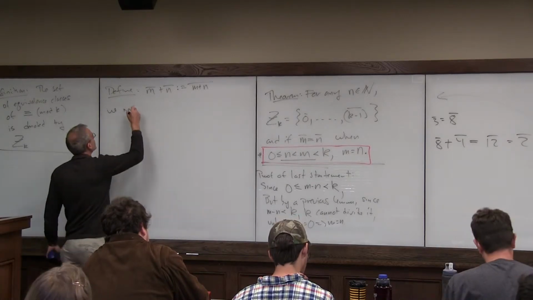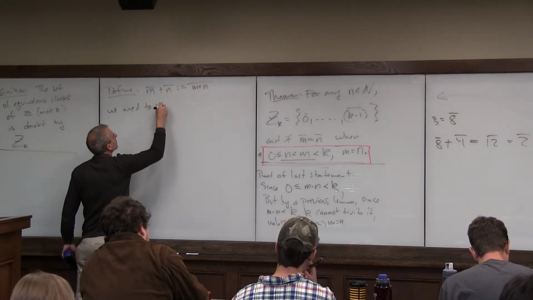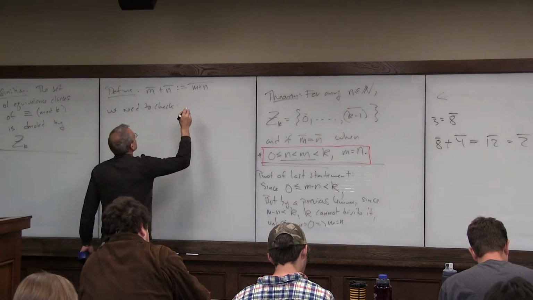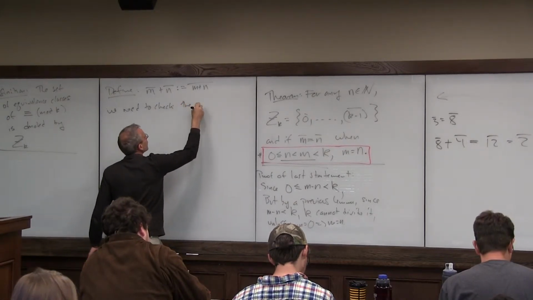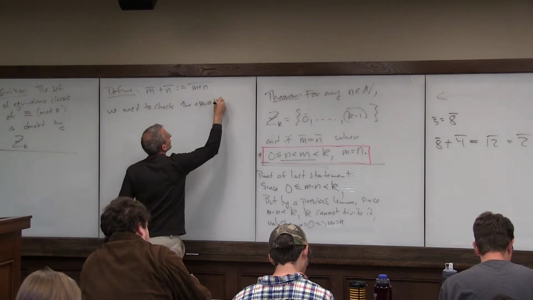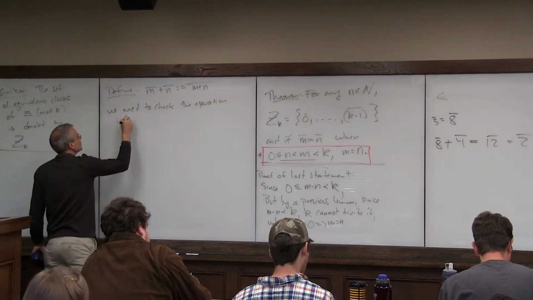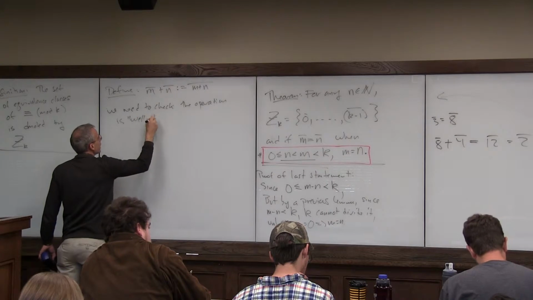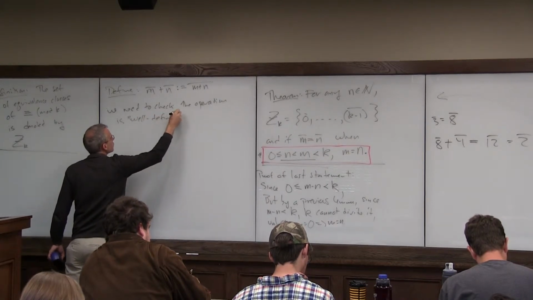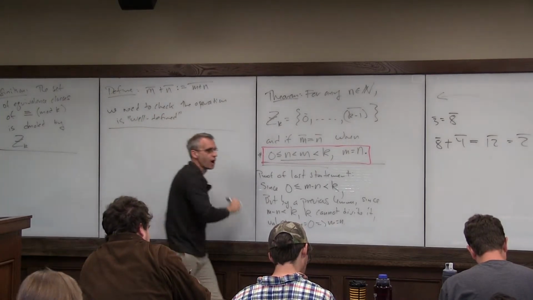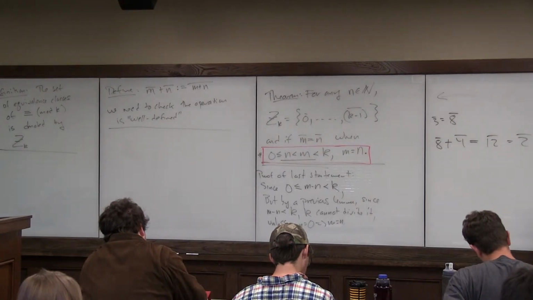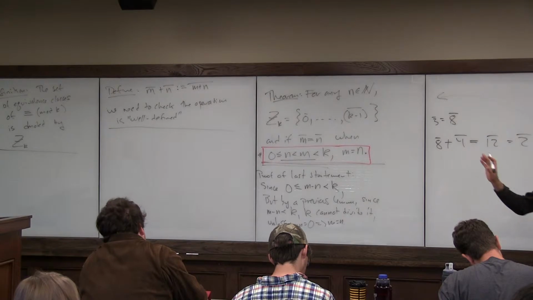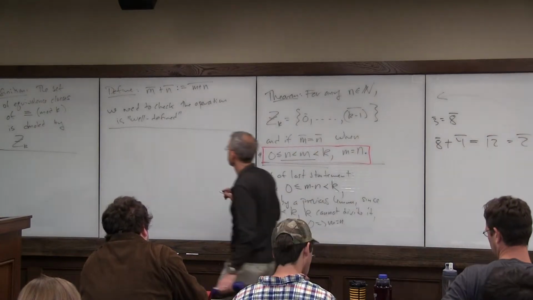We need to check that the operation is well defined. You will see this all the time in mathematics when you're defining a function that involves choosing something. You have to make sure that your function doesn't depend on the choice. So this word will show up over and over again.